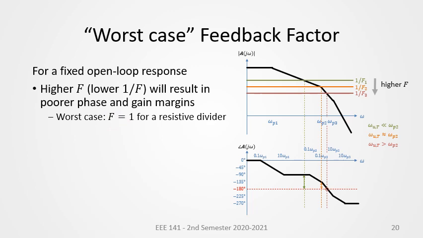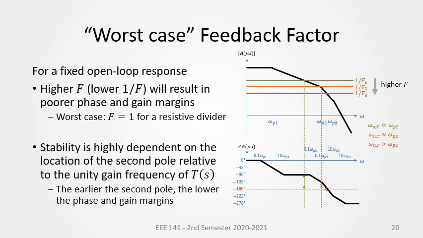And thus, in our Bode plots, we can say that the worst case F will give a 1 over F line that coincides with the 0 dB line. Based also on the observations, we can say that the stability is highly dependent on the location of the second pole relative to the unity gain frequency of the loop gain T of S. The earlier the second pole, the lower the phase and gain margins.